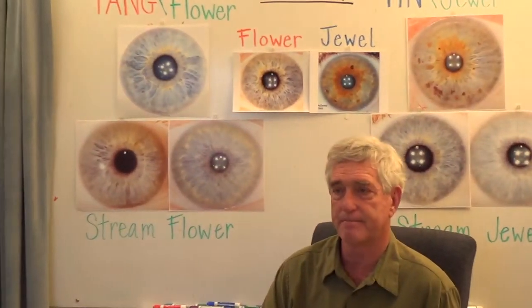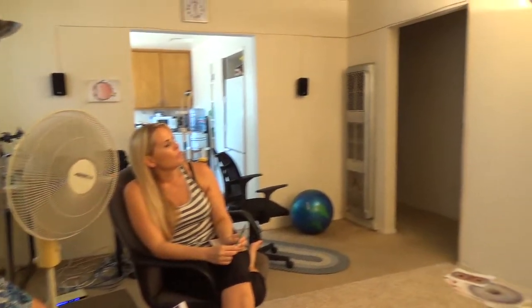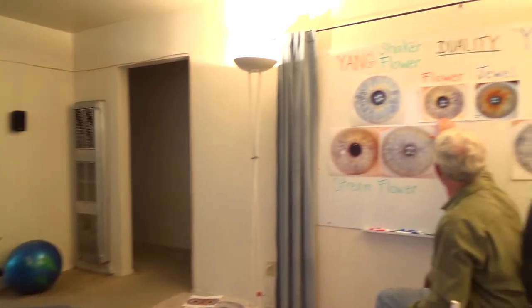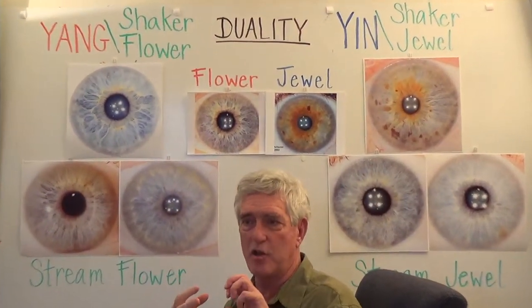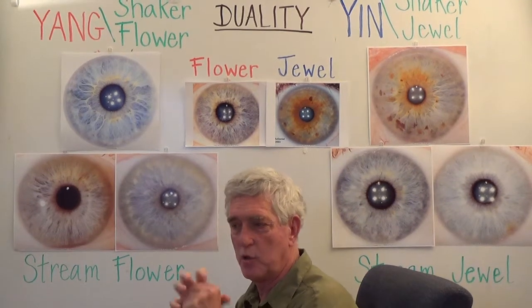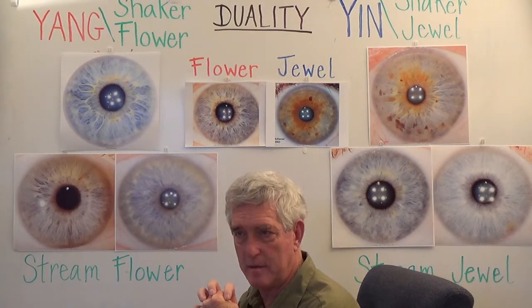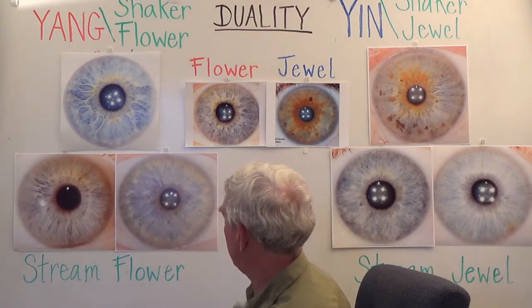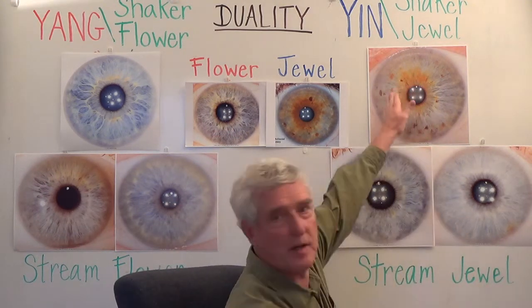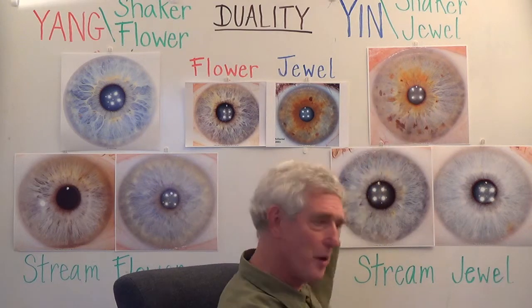Can you give a quick relationship attraction between these? So the natural relationship attraction is, generally speaking, and particularly in relationships of the opposite nature, flower attracts jewel. They like it because the energy begins to move when jewel and flower relate. Now, if you have a stream flower, they usually like the opposite, shaker jewel, because those are opposites.